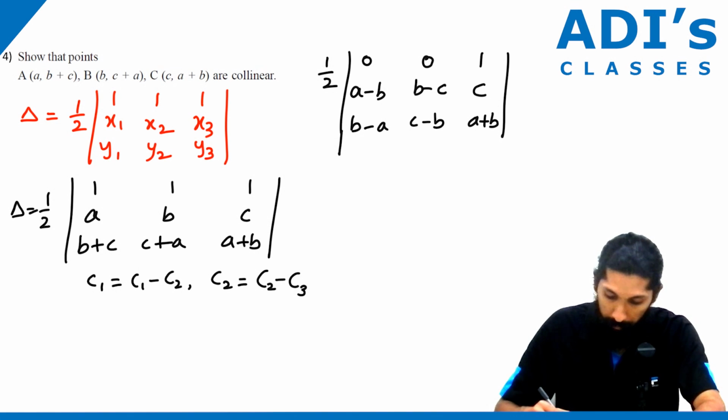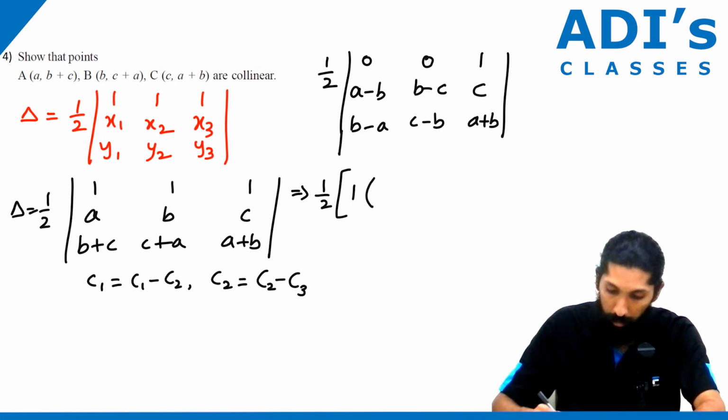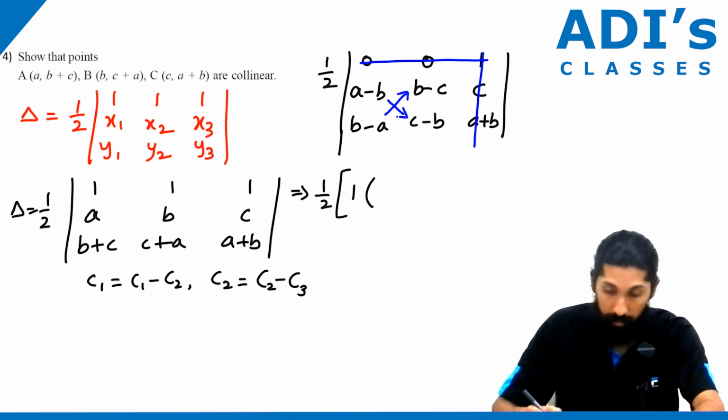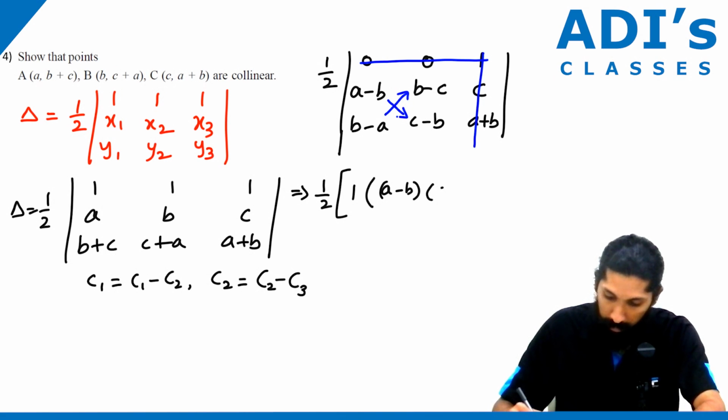So this is going to become half into 1 into, see, when you take 1, you remove this row, you remove this column. This into this, minus this into this, correct? Subtraction. So you will have 1 into A minus B into C minus B minus of B minus A into B minus C.